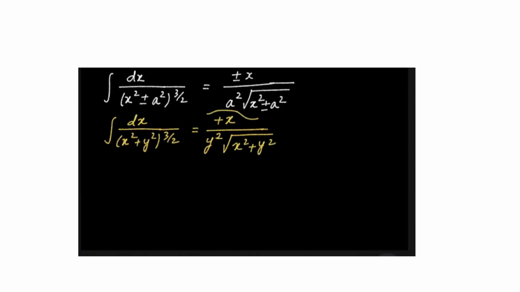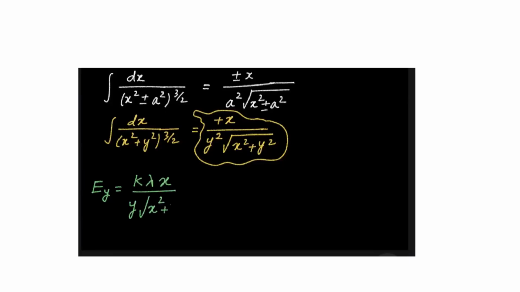So this is going to be the answer that I'm going to use in my previous equation. And so having this solution, then E_y would be k lambda x divided by y root square of x² plus y², when you calculate it from minus infinity to plus infinity.